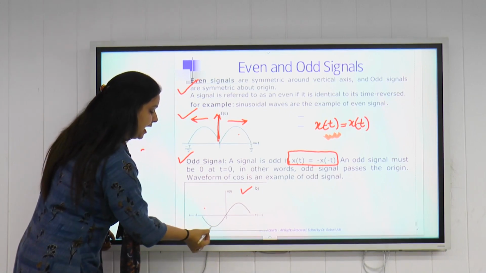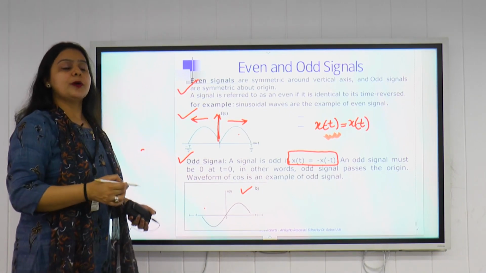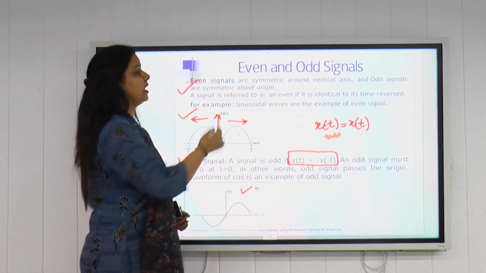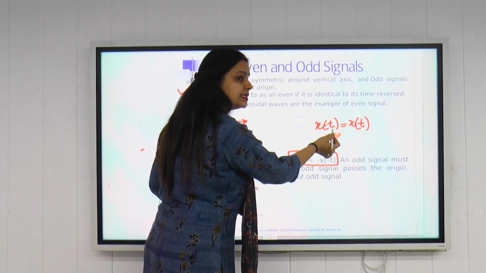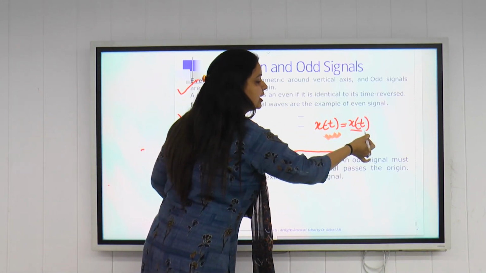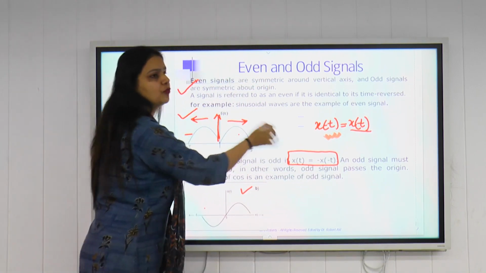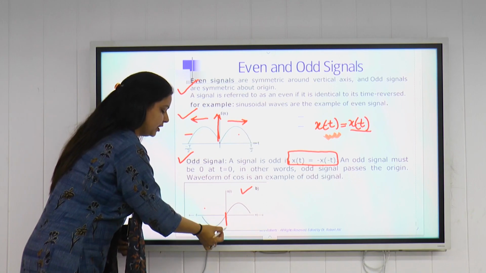But here we have the negative amplitude in the case of the odd signal. So the condition for an even signal is x of minus t equals x of t, but not in the case of an odd signal, where it is a negative amplitude.